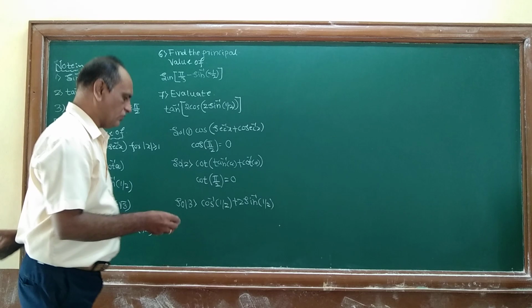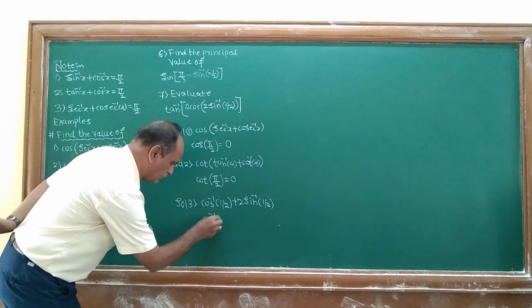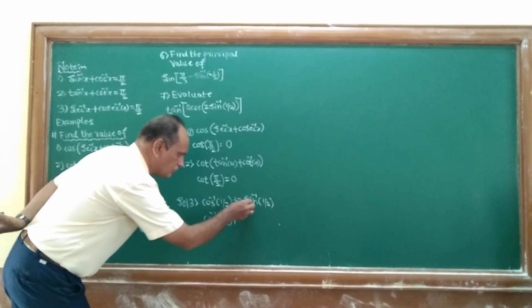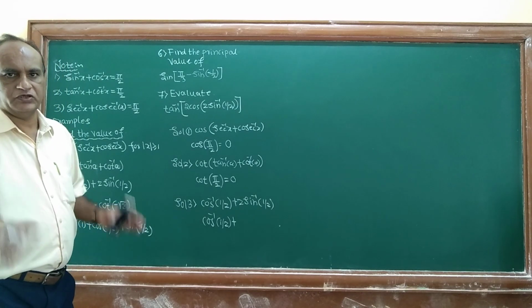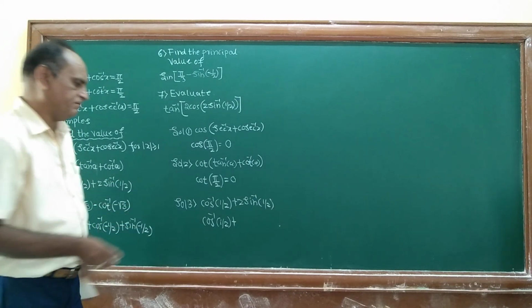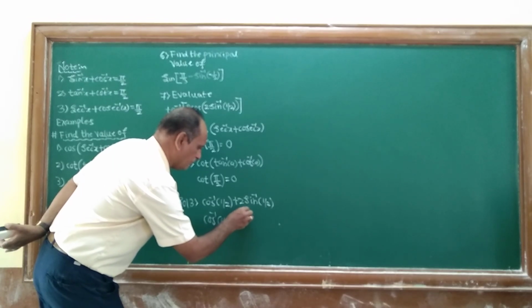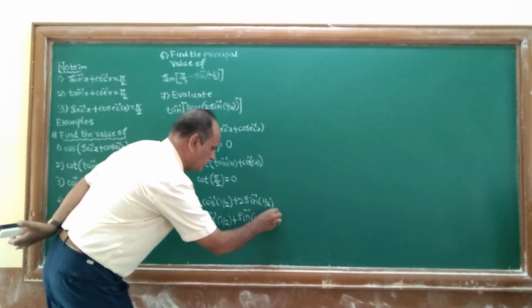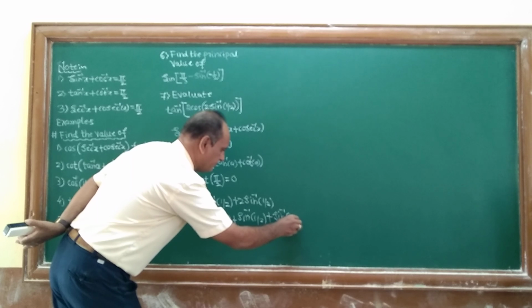First write cos inverse 1 by 2 as it is, then plus 2 sin inverse of 1 by 2. Here split the sin inverse of 1 by 2: one sin inverse of 1 by 2, then plus another sin inverse of 1 by 2.